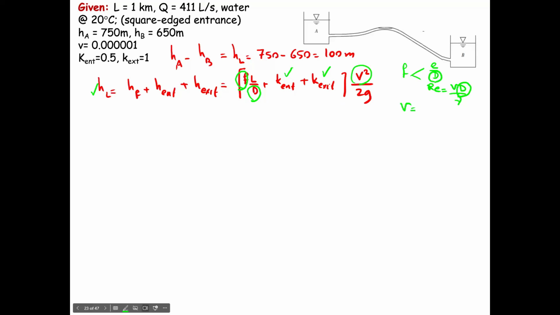And for velocity, I need to write this equation. D is here. So everywhere I start to solve it, I need the diameter, and I don't have it. So F is not going to be calculated. D is not going to be calculated. V, F, all. So again, I need to make an assumption.